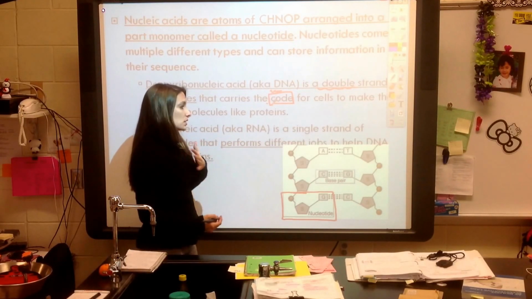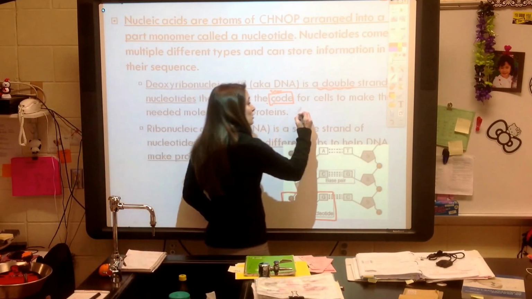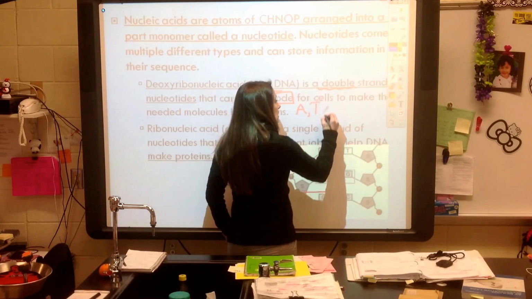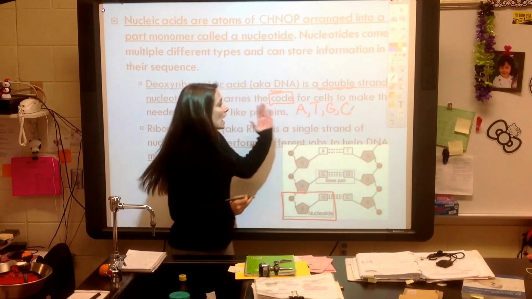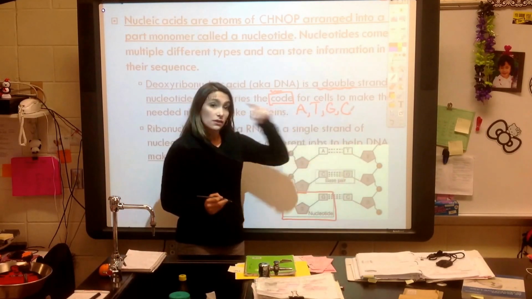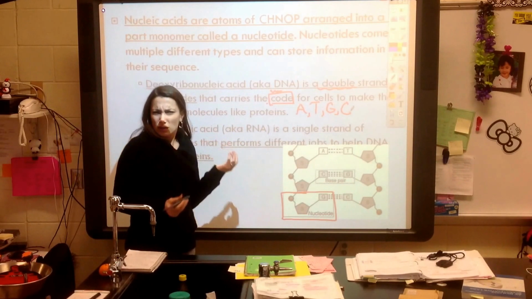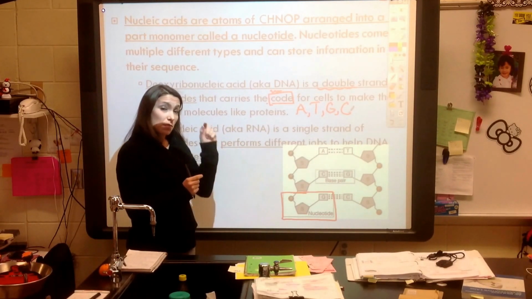But the sequence of my DNA, do you know the nucleotides in DNA? There are actually 4, A, T, G, and C. And so adenine, thymine, guanine, and cytosine, if you look here, those are the different nucleotides. So this is a little different. In carbs, there was really just one type, the monosaccharide.